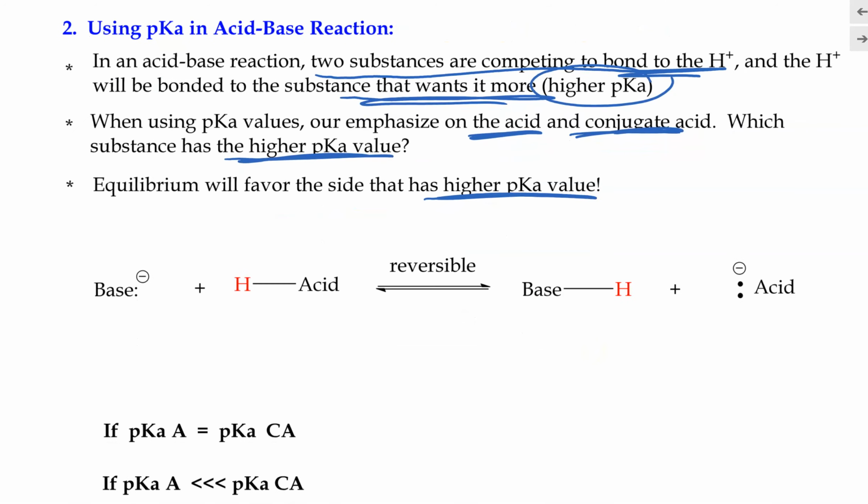So in this reaction right here, as an example, this is our acid. Once this acid has given up this proton, the rest of it becomes the conjugate base.